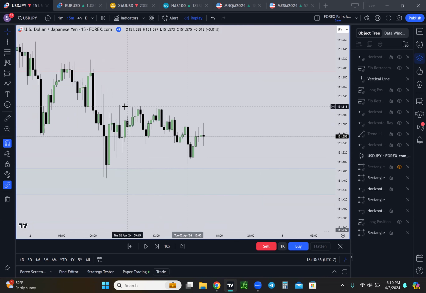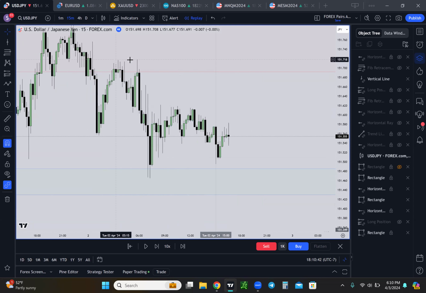What I'm looking at is I'm now looking at these relative equal highs here. I'm also looking at these relative equal highs. Okay? Here. Here. So I draw those out. So to me, these are price targets.